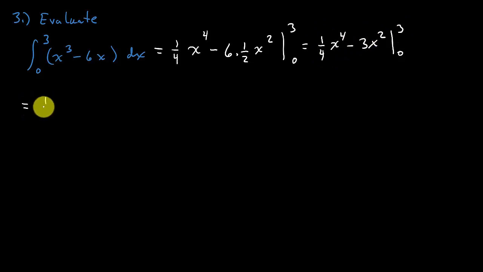So that's going to be 1/4 times 3 to the 4th minus 3 times 3 squared, and then minus, I evaluate it at 0. And of course, when we plug 0 in, we can see we're going to get 0, but let's go ahead and plug the 0 in.